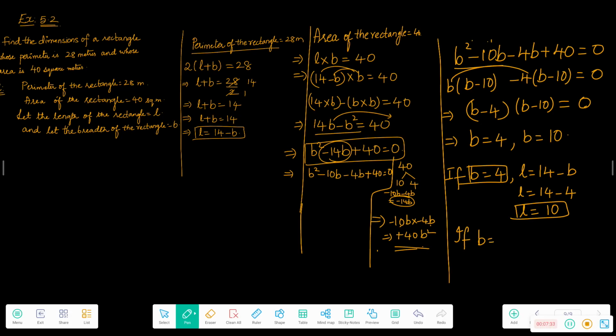If B is 10, L value will be equal to 14 minus B, so L is equal to 14 minus 10, which is 4 meters. So if B is 4, L is 10. If breadth is 10, length will be 4 meters.